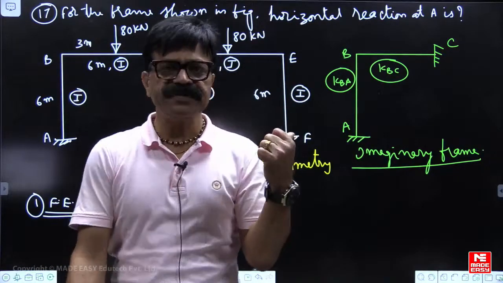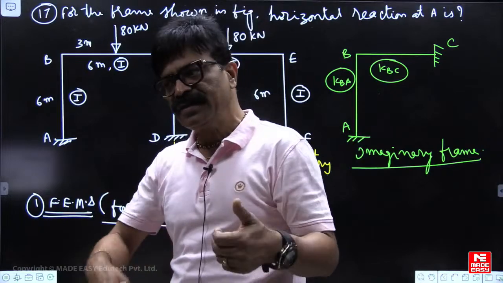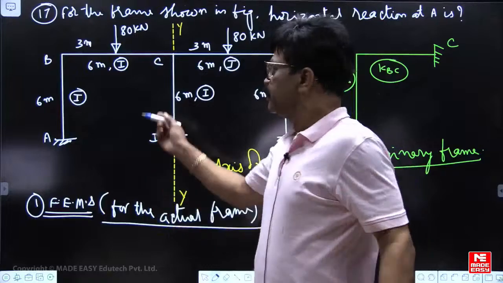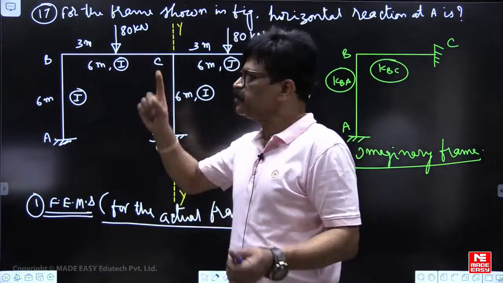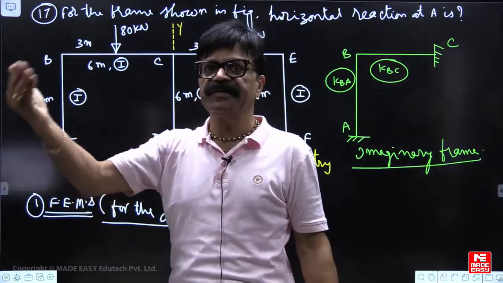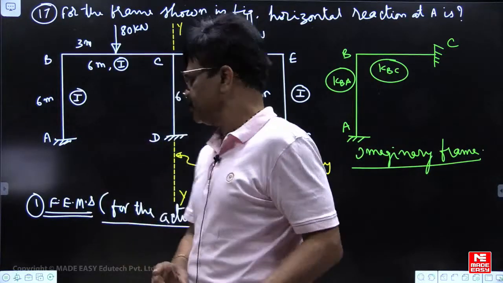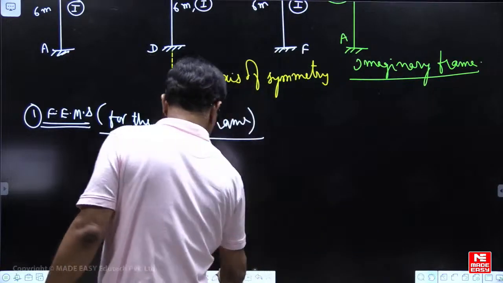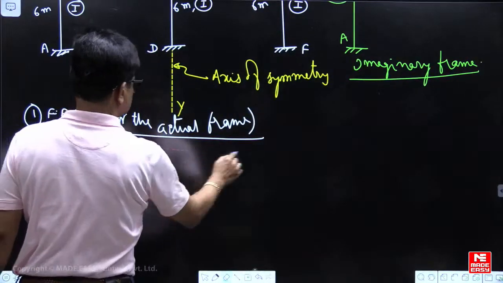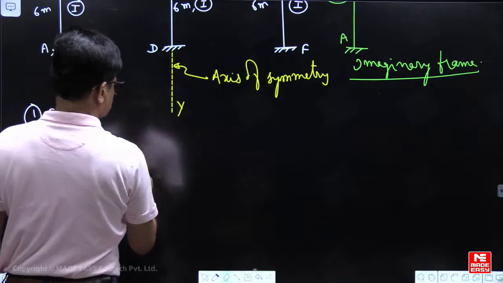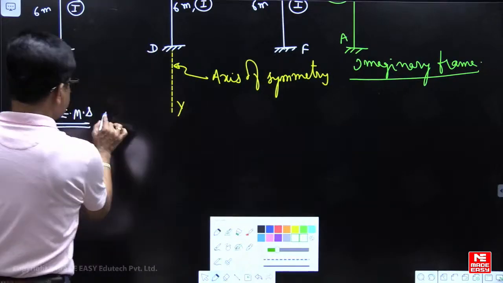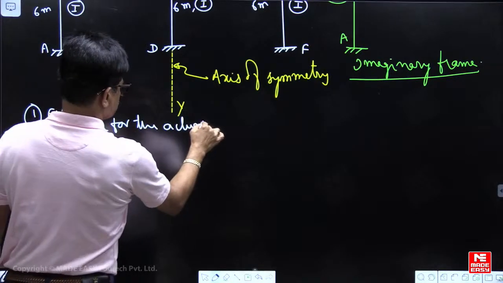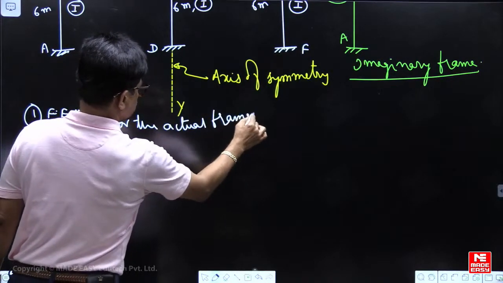In the earlier problem, fixed end moments we didn't calculate because there were no applied loads at all. Directly a moment was applied, that we have done. Now moments are not there, load is there. You have to first find the fixed end moment, release it, then distribute it. So fixed end moments you have to calculate for the actual frame.